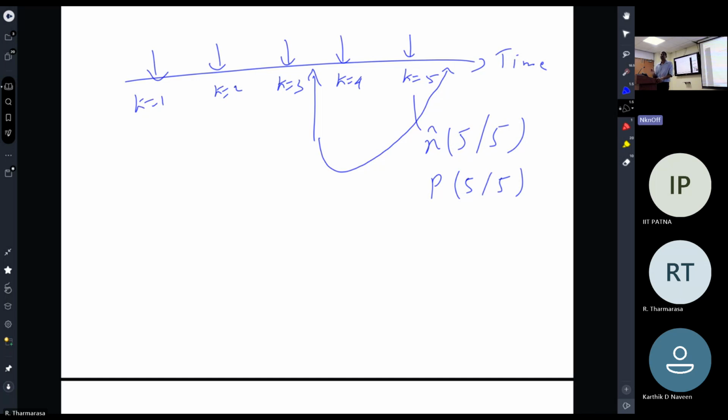That is called out-of-sequence measurement. The measurement was generated at this time, but it arrives at a later time. Usually this could happen due to communication delay. For example, if the data is routed through different routers, the measurement comes later.